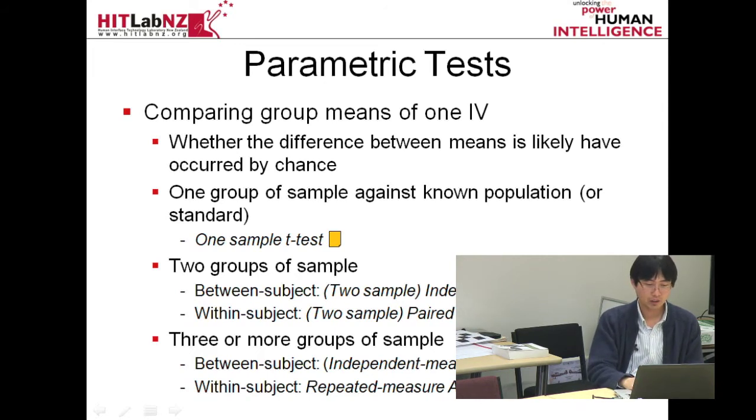But so far, if you're comparing 3 or more interfaces, the test will be either one-way ANOVA or repeated measure ANOVA. And again, the criterion you choose between the two is whether it's between subject design or within subject design.